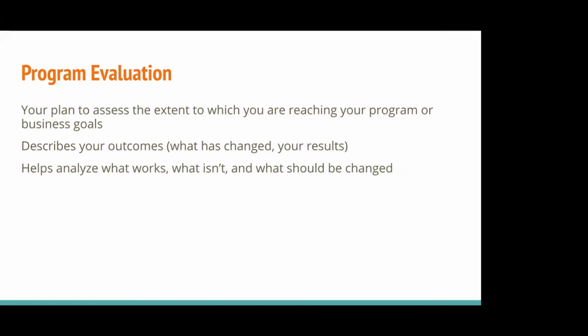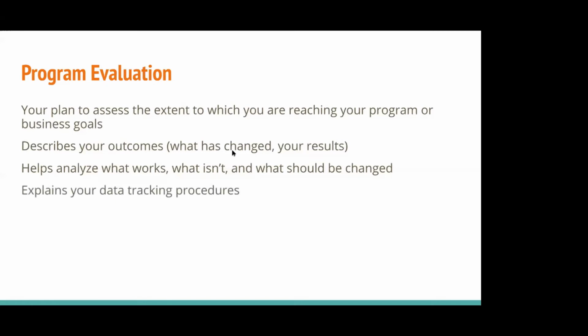So in this section, you're going to be explaining how you are going to analyze if what you're doing is working. And if it isn't, how are you going to adapt and change? And so those are going to lead to questions like, wait a minute, what am I going to do if what I'm doing is not successful? So you might have to really think about this section before you start writing.